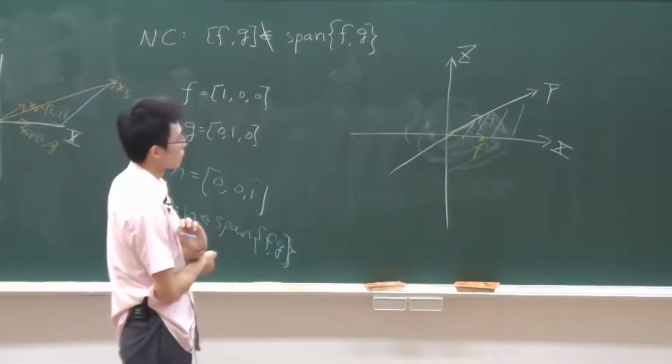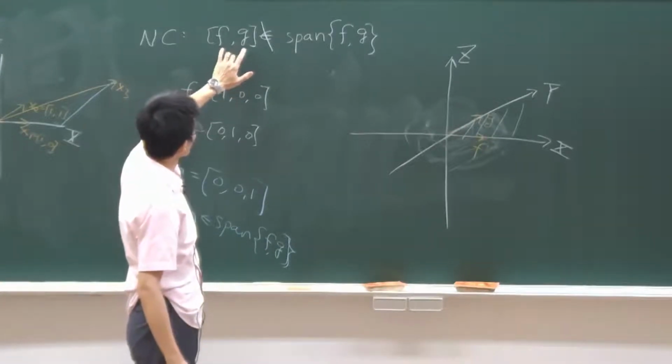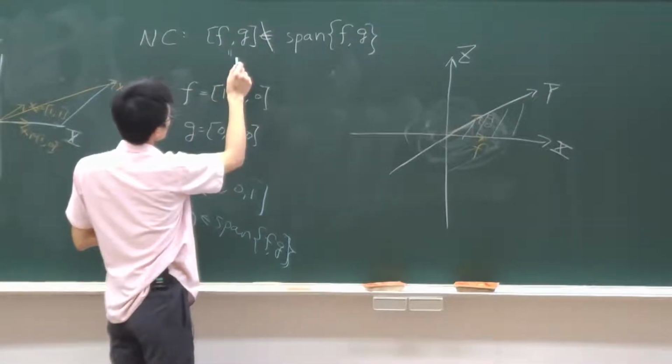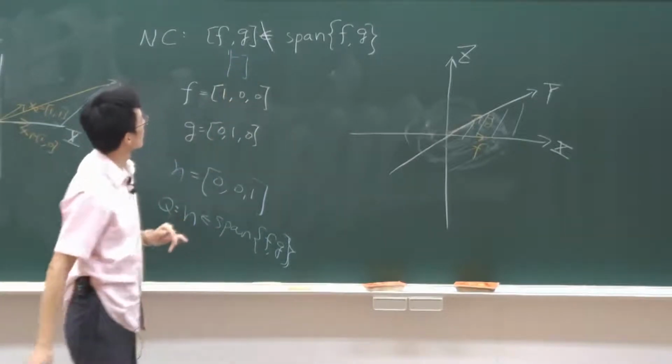So go back to here. The necessary condition for controllability is that the Lie bracket of F and G, which is also a three-dimensional column vector, right?